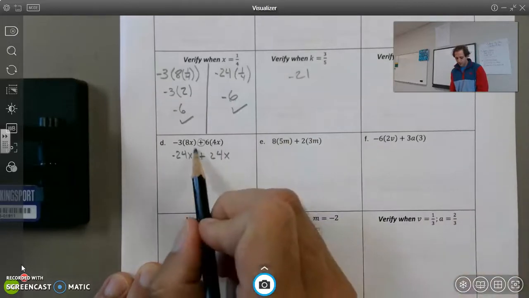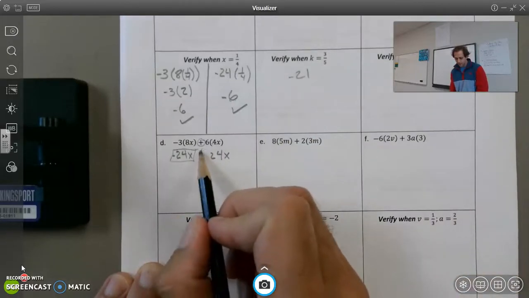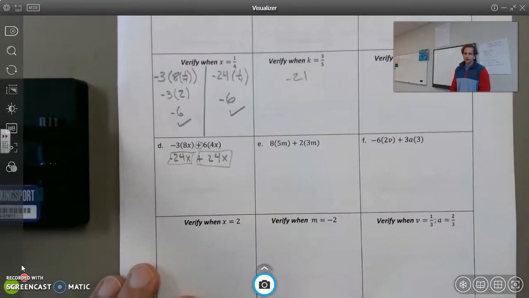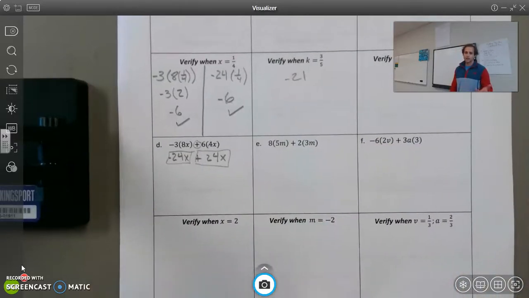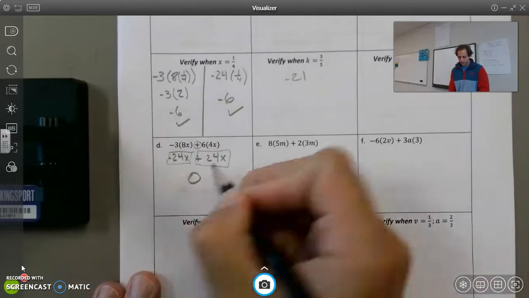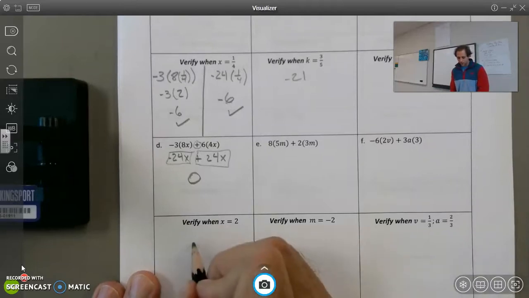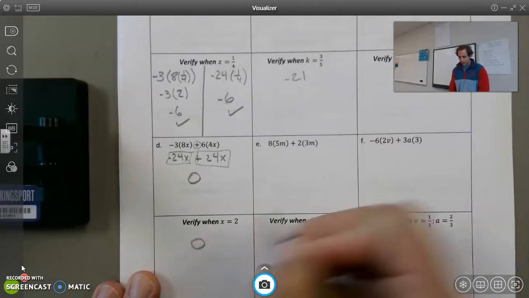These terms are alike because they both have an x variable. There's also something very noticeable about these terms. One is negative 24x, one is positive 24x, which means they're opposites, and we know that when we add opposites we get 0. If you were to evaluate or verify, you should get 0.